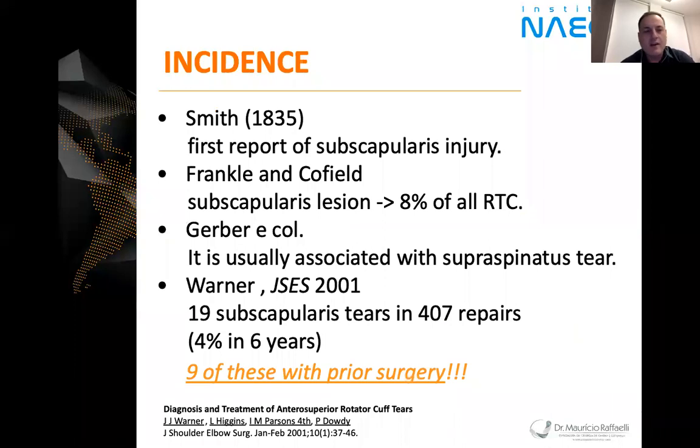Smith was the first to describe the subscapularis lesion in 1835. Frankel and Caulfield demonstrated the presence of subscapularis tears in 80% of all rotator cuff injuries. Dr. Gerber showed the association between subscapularis and supraspinatus tears, and Dr. Warner showed that lesions of the subscapularis can pass concealed in some cases.